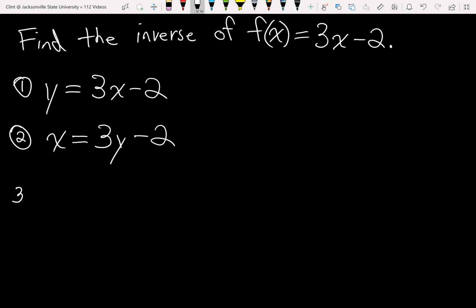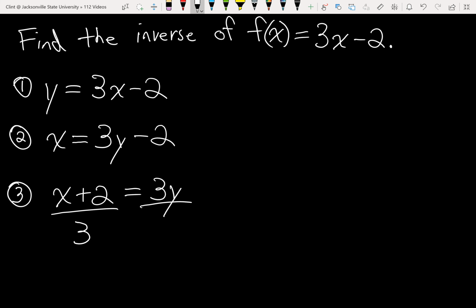Step 3 is usually where most of the work comes in, so now we need to solve for y. So I'm going to add 2 to both sides to get x plus 2 equals 3y. And then I'm going to divide both sides by 3.